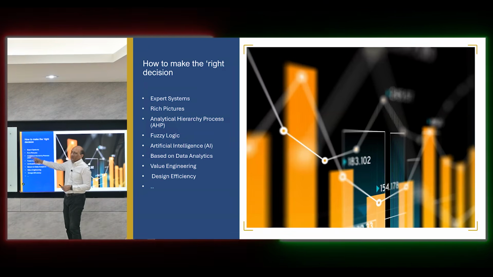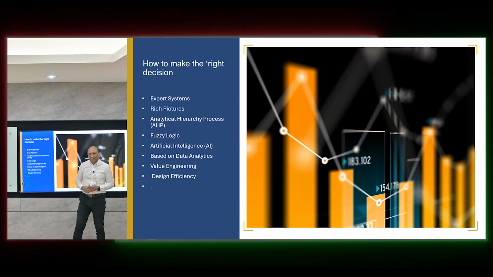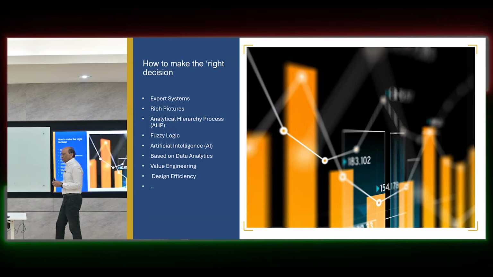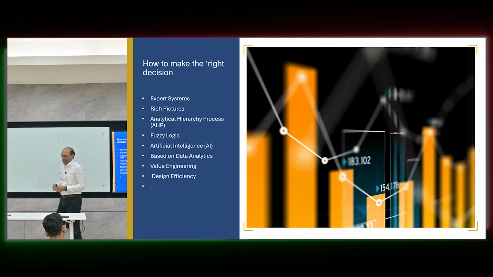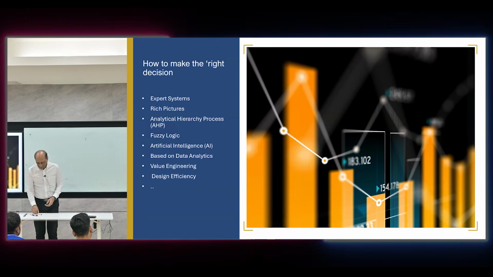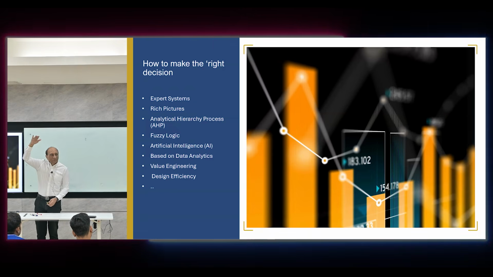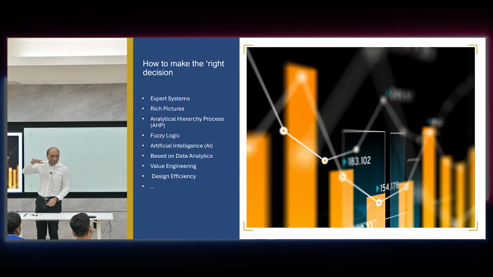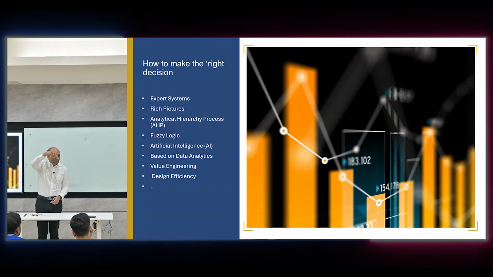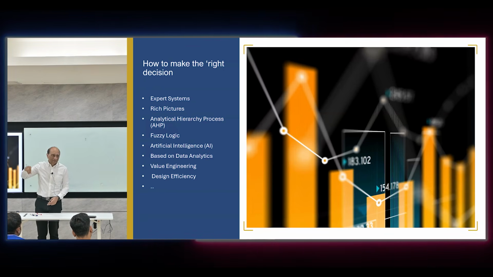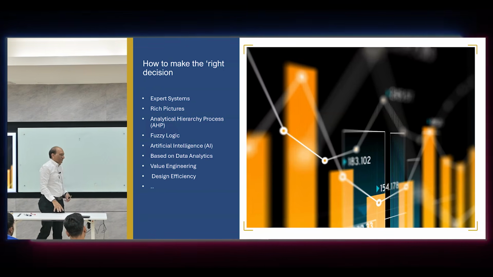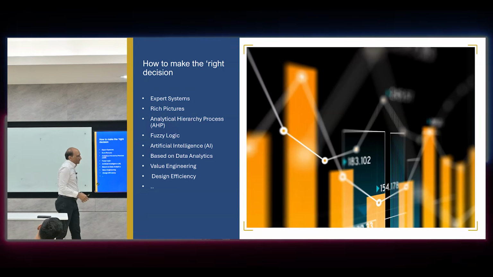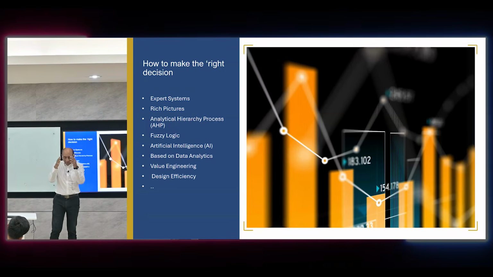Rich pictures is another concept: when you make a decision, you don't base it only on what you see here, but you go very high. It's called a bird's eye view. You go very high and look at the whole picture before you decide where one thing fits. And this is one of the problems with engineers. People say that we have tunnel vision. We only think about what we are doing.